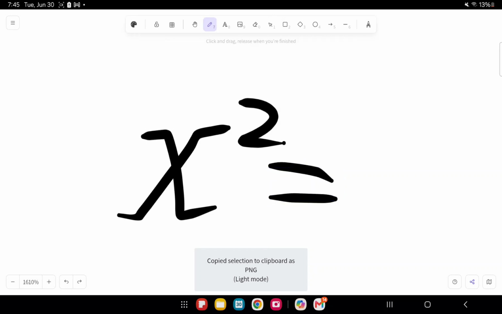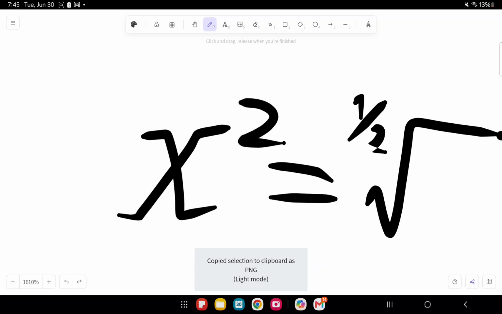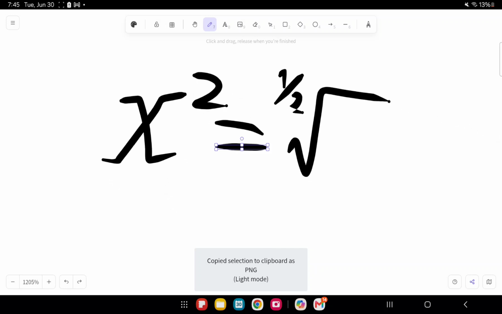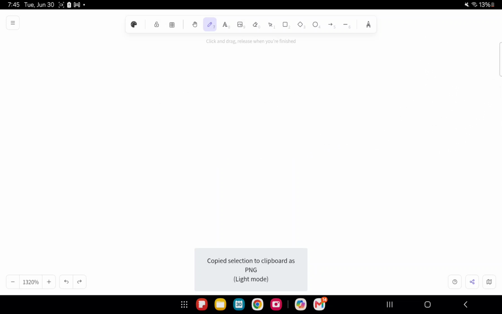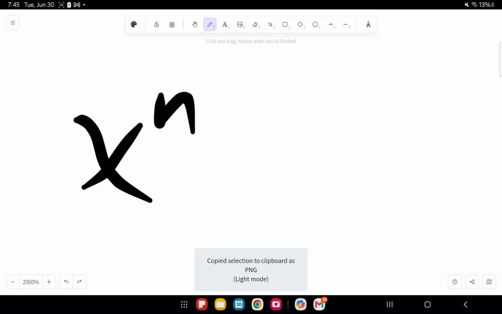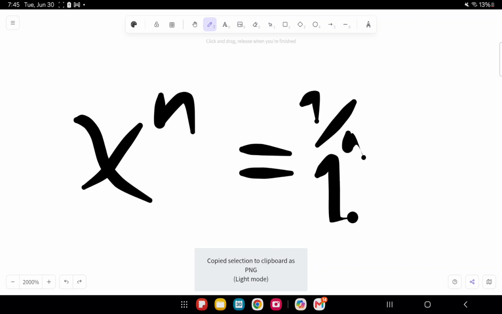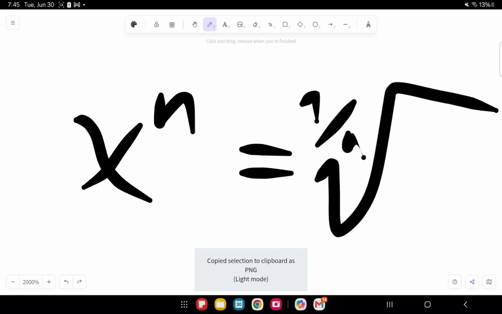Now we write it. That half root. Yes, the half root of x. But it's not only a half. x to the nth is equal to 1 over nth root of x.